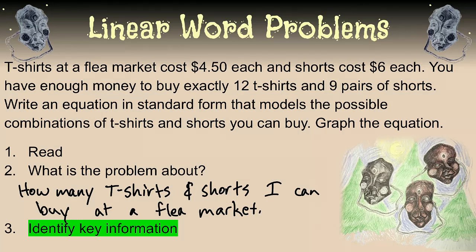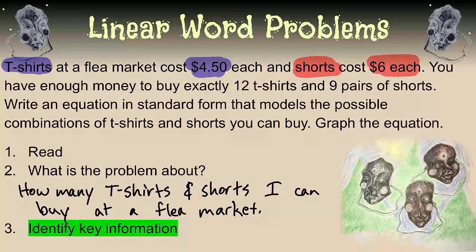Identify the key information. So the key information here is T-shirts are $4.50 each. Shorts are $6 each. You have enough money to buy, and I'm going to do it like this.